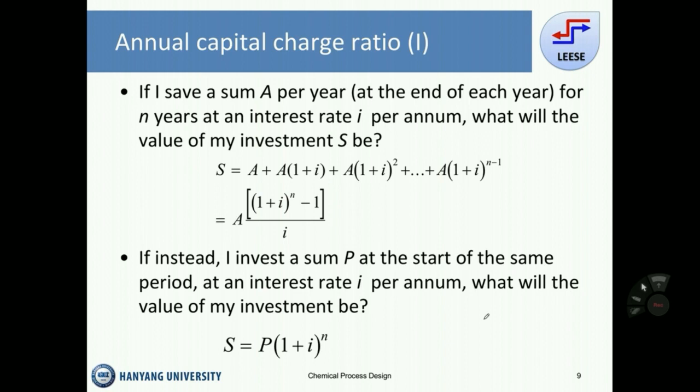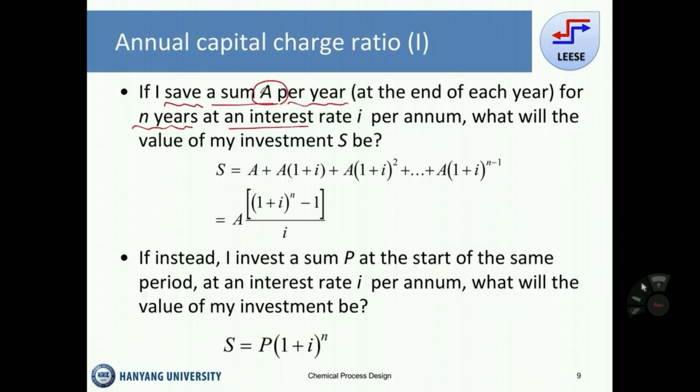So the annual capital charge ratio, in short the annualization factor, is given with this explanation. Here, if I save a sum of money A per year for the next n years, and put that money in the bank, I will have interest from the bank, okay?